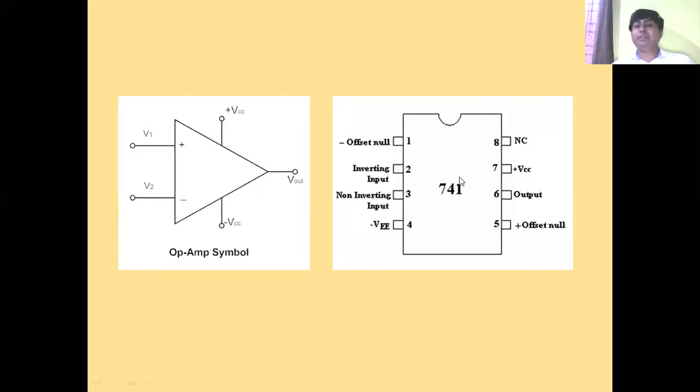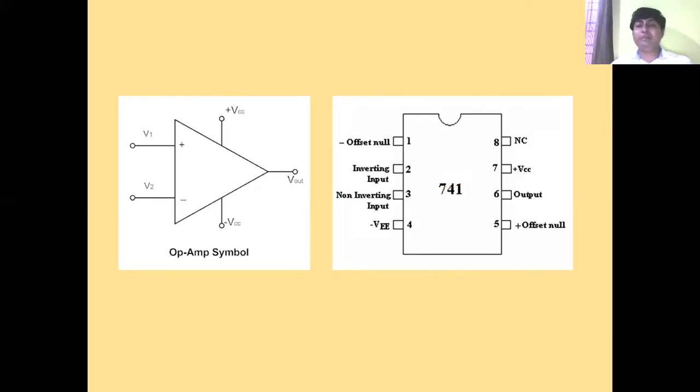So it should be a mu A 741. Mu A 741 is the number of the IC which works as an operational amplifier. And it is observed that it has 8 pins.